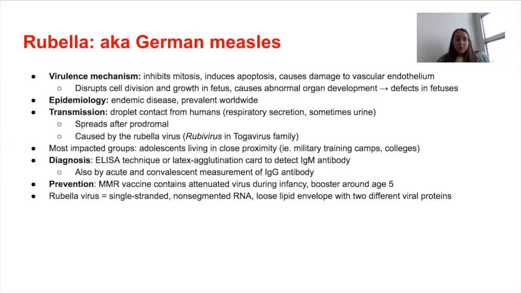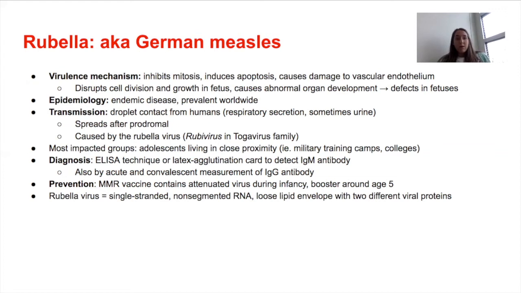So the epidemiology, it's an endemic disease and it's prevalent worldwide. The transmission occurs through droplet contact from humans, and these droplets can be respiratory secretion, sometimes urine, and it spreads after the prodromal stage.